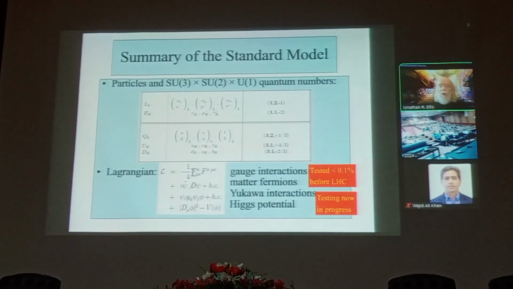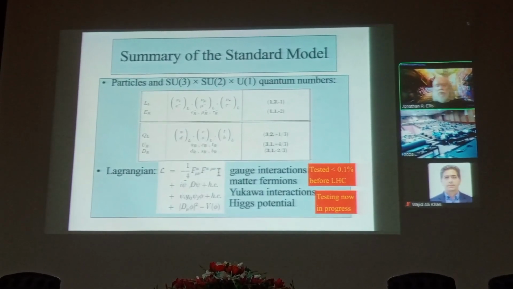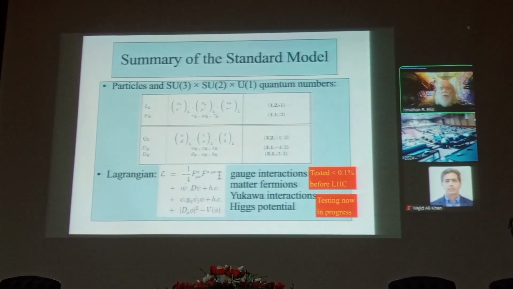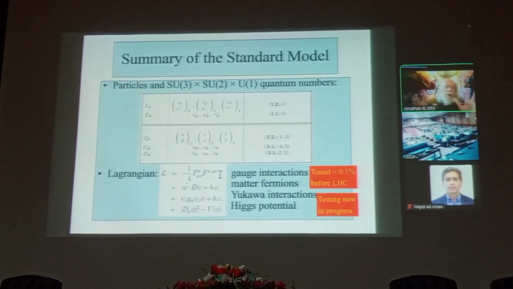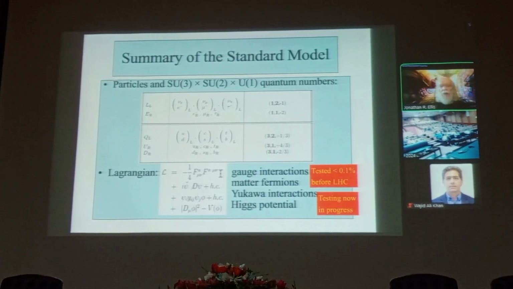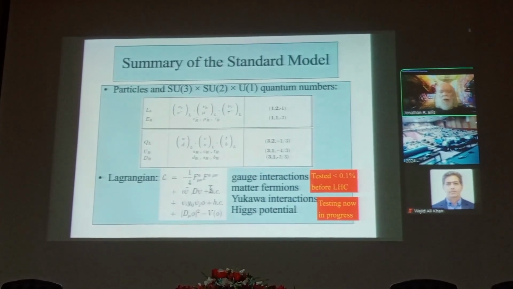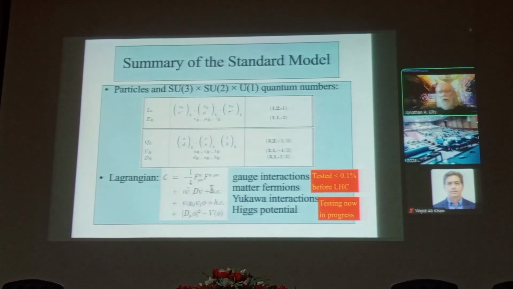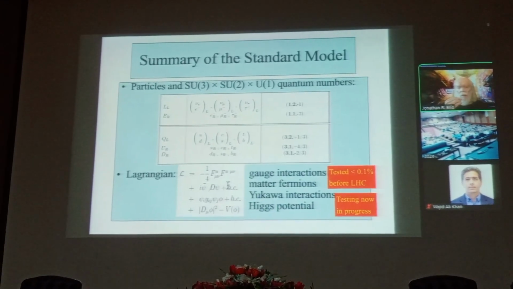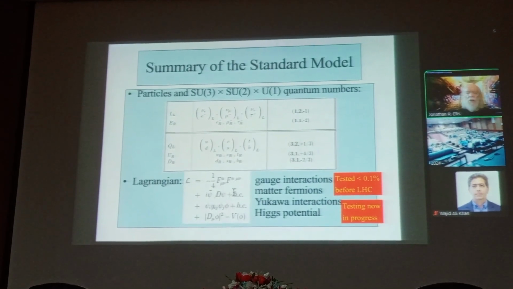So it's got 4 lines. The first line describes the gauge interactions. So it basically encapsulates Maxwell's equations and generalizations to these other gauge bosons. The second line describes how these interactions work on the particles of matter, the matter fermions.